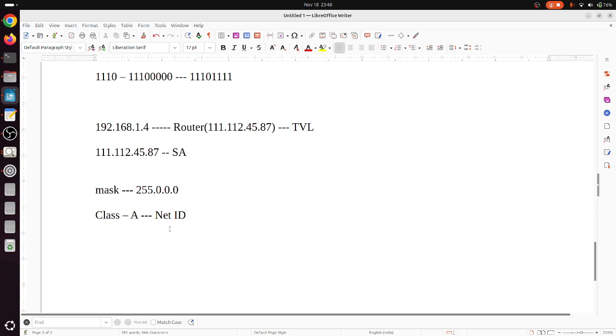So if I have a bitwise AND operation of the mask with my class A address A.B.C.D, then automatically, since B, C and D are masked with 0.0.0, they will change to 0, and that extracts the A alone. So automatically the net ID can be extracted.